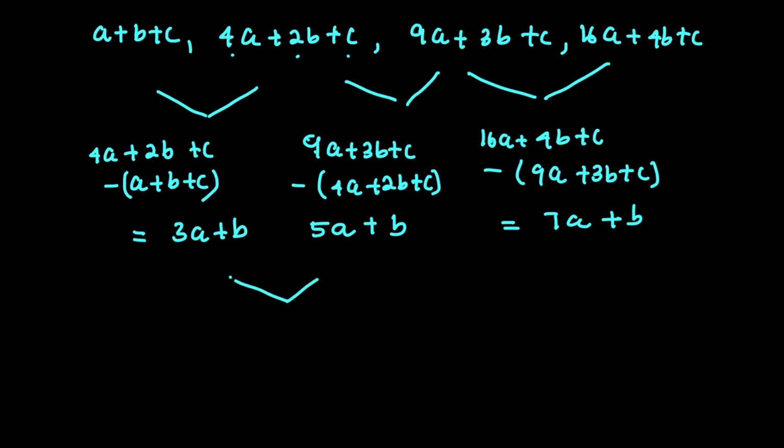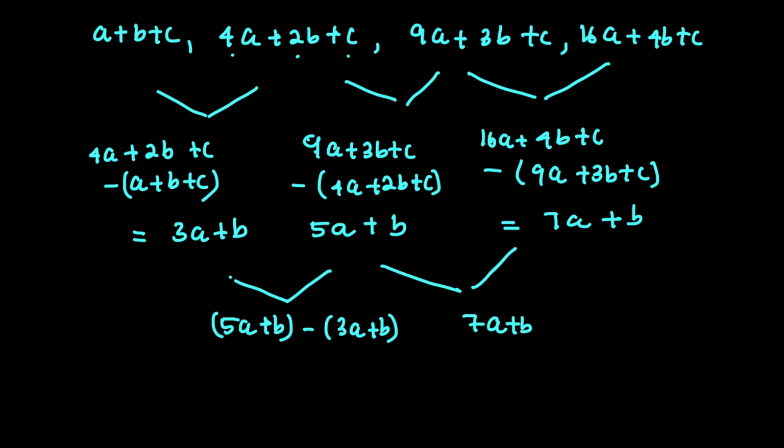So this is the first difference. From the first difference, let's find another difference. 5a plus b minus 3a plus b. Then this one is going to be 7a plus b minus 5a plus b, right? So 5a minus 3a, that's going to be 2a, b minus b, that is 0.